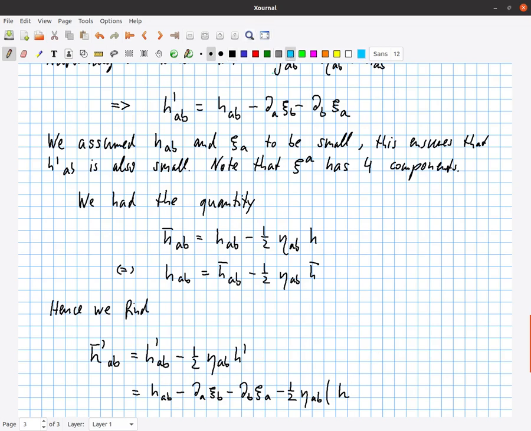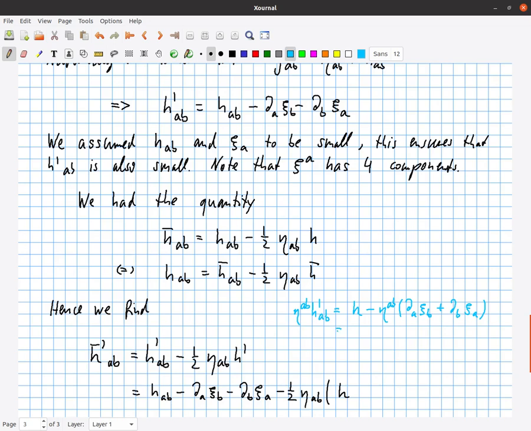Maybe I should do this in turquoise for you. eta^AB h bar_AB is those two terms where you need to think a little bit. This is clearly h, and then minus eta^AB (partial_A xi_B plus partial_B xi_A). The eta raises here the A and here the B to an A. In both cases you end up with a summation.